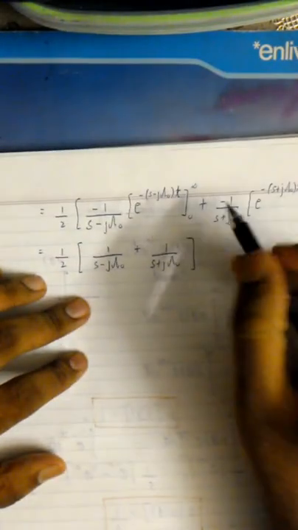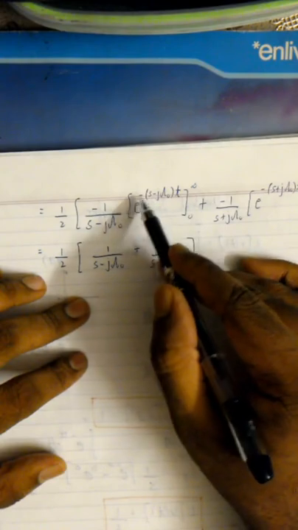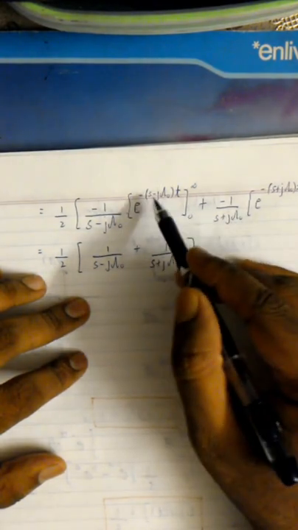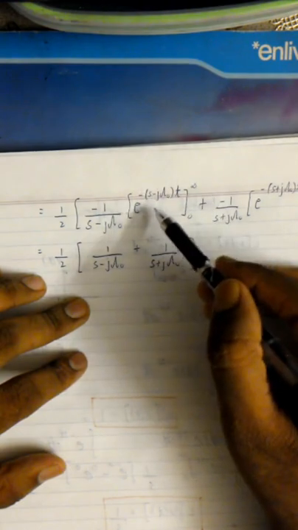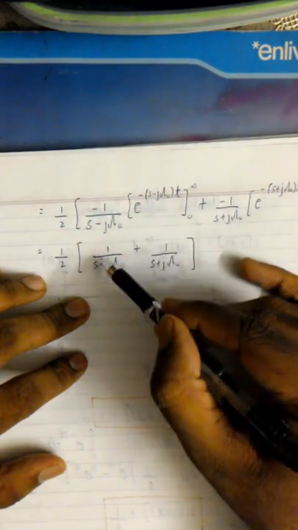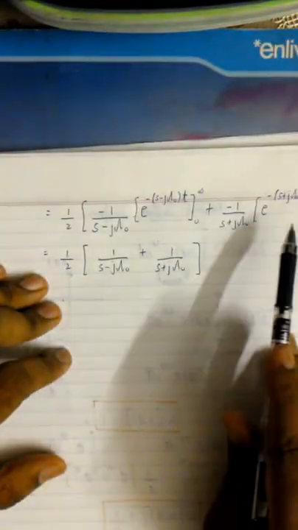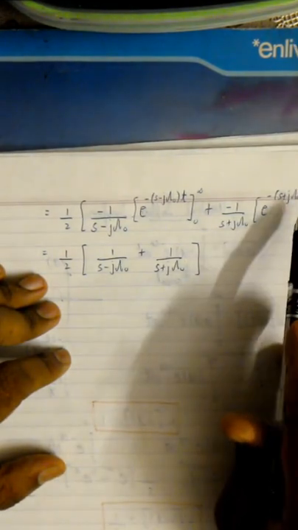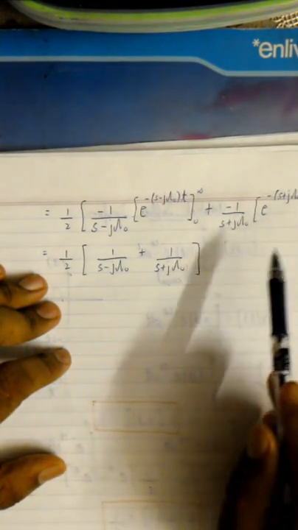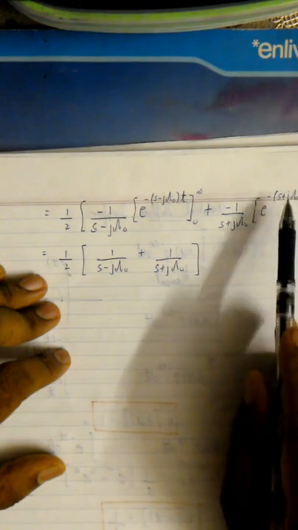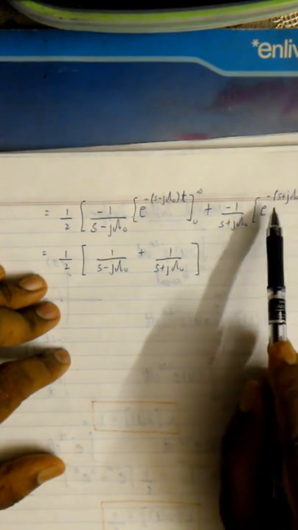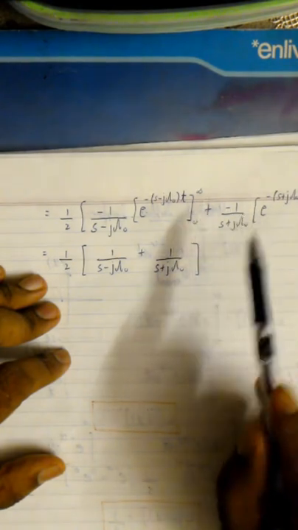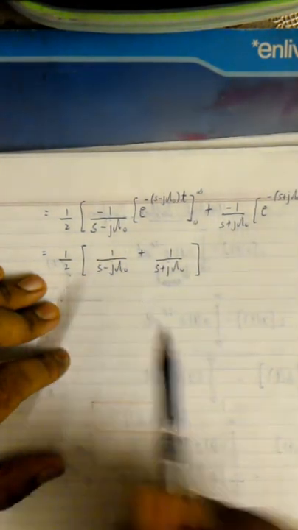Because if I substitute infinity, it becomes e raised to minus infinity, then e raised to minus infinity minus e raised to 0. e raised to minus infinity is 0, so 0 minus 1, and minus 1 into minus 1 becomes plus 1. Similarly over here also, if I substitute infinity it becomes e raised to minus infinity, and if I substitute 0 it becomes e raised to 0, so minus 1 into minus 1 is positive, and I get this value.